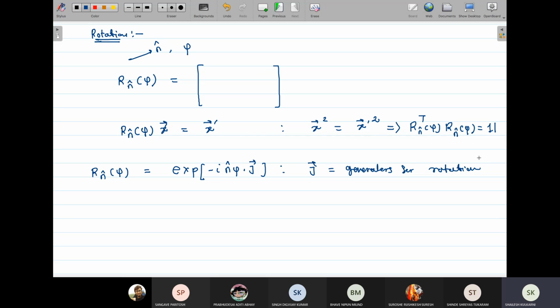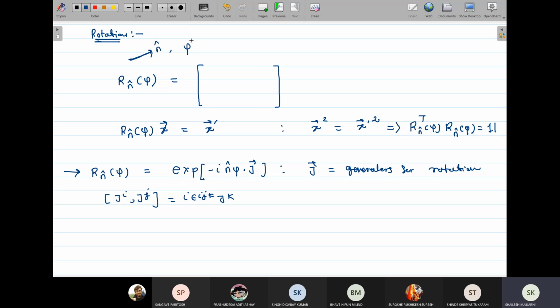And this J satisfies the following commutation relation that I already mentioned. Clear? This way of representing the rotation is that you specify an axis, n cap, and an angle phi. So I will rotate about this axis by an angle phi. So n cap together with this phi defines the rotation.